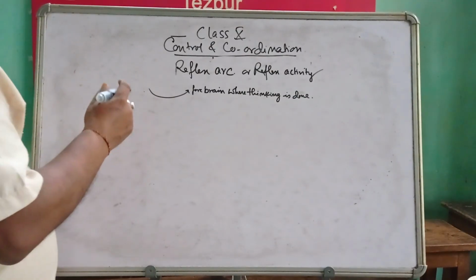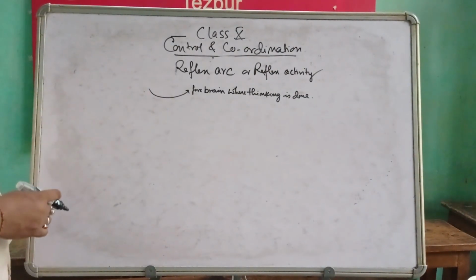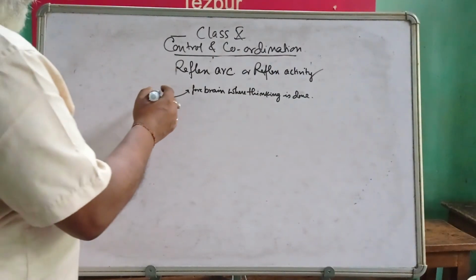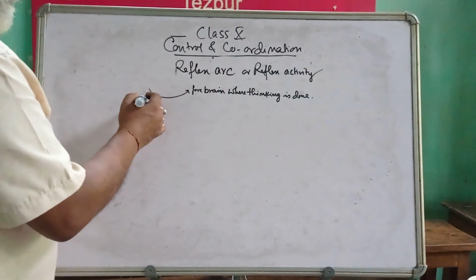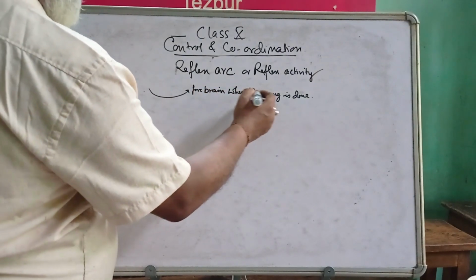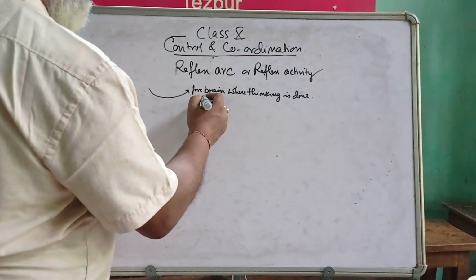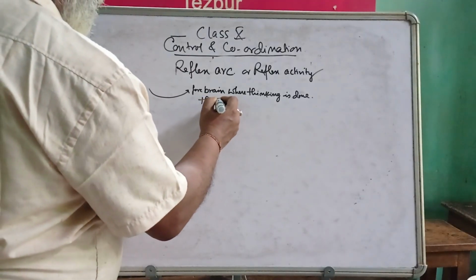When you keep your hand near a fire, the message goes to the forebrain where thinking is done. The thinking process is a complex process.